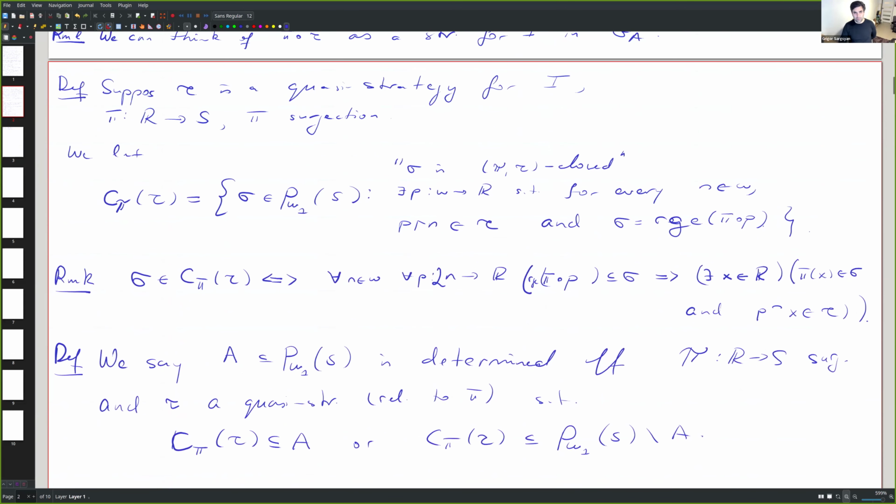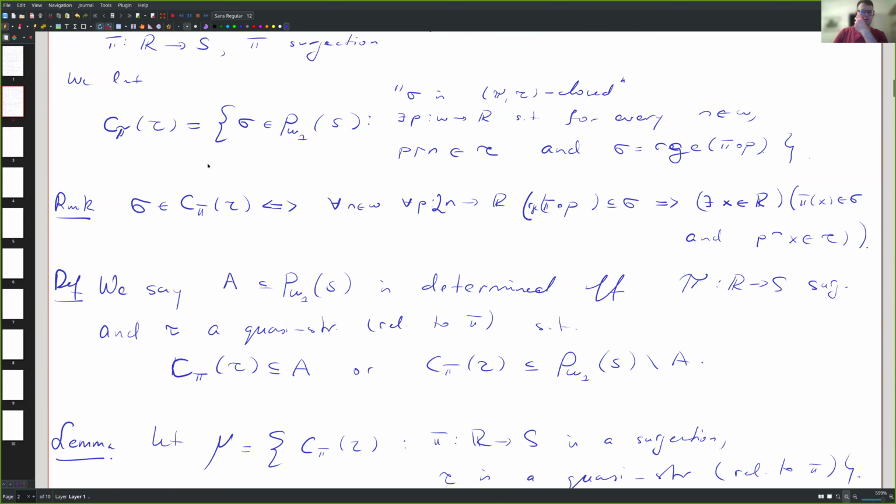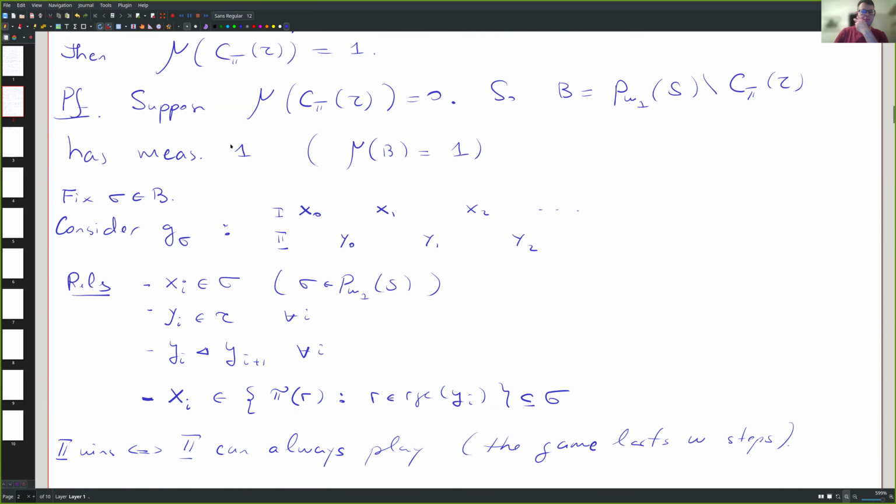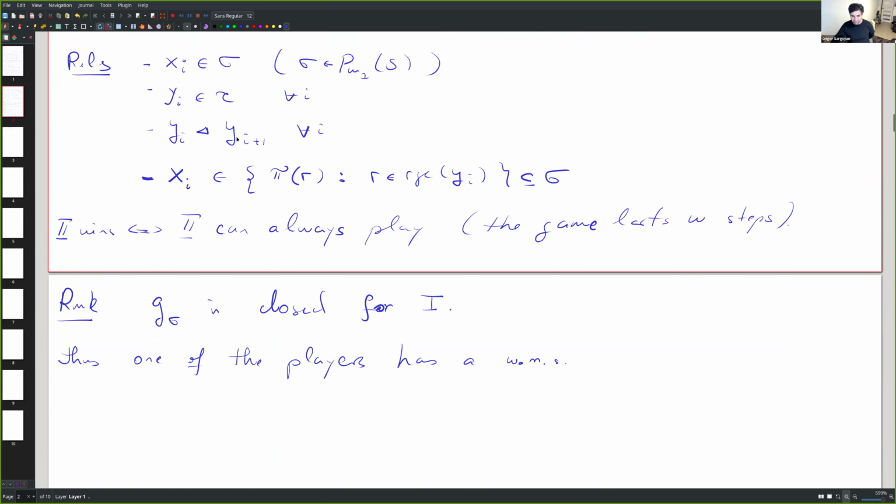We used the word quasi-strategy for this very particular object, so I cannot. Like we already called something an apple, therefore we can never use apple to call other things.